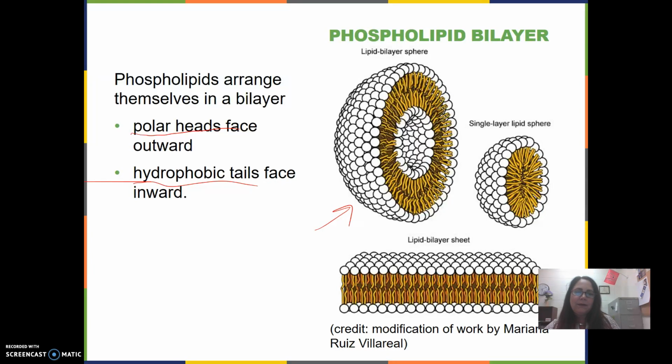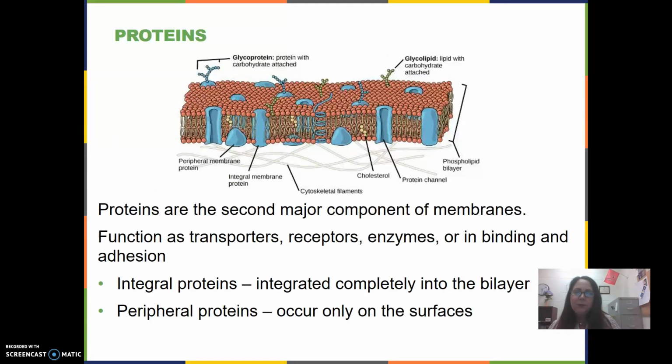They would automatically form a bilayer, because those hydrophobic tails are going to orient themselves in such a way that they're not in contact with water, and the heads are going to orient themselves in such a way that they are. So they form that bilayer naturally. Now, we talked about the phospholipids. The next thing is the proteins.